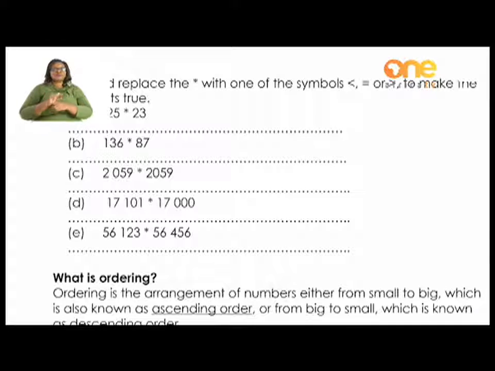I will only do A, then you do the rest on your own. On A, we are having 25 and 23. We'll see that 25 is bigger than 23. Then you are supposed to do the other work on your own.